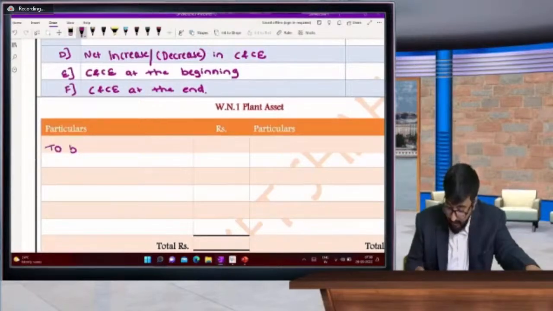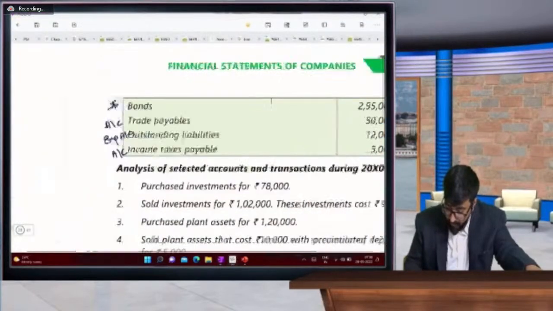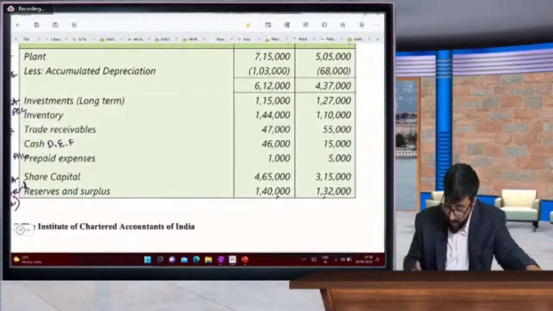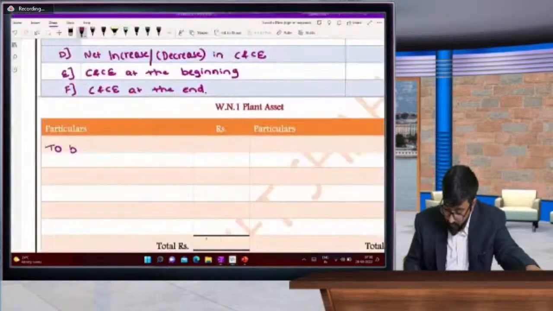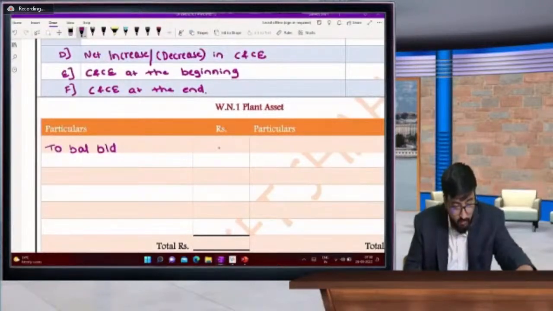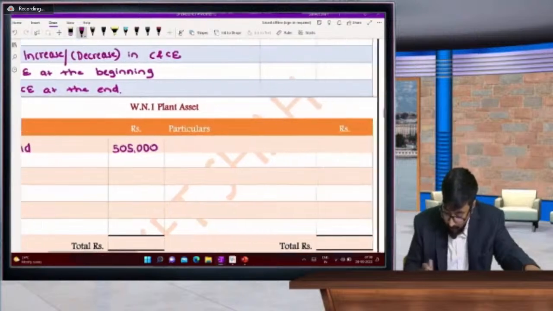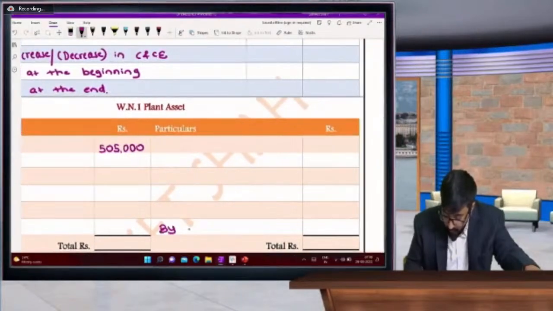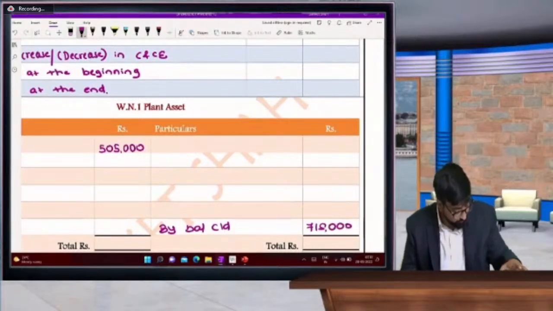तो लाइन बाय लाइन, to balance brought down 5,05,000, and by balance carried down 7,15,000.